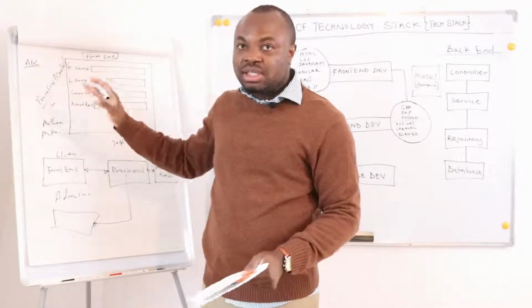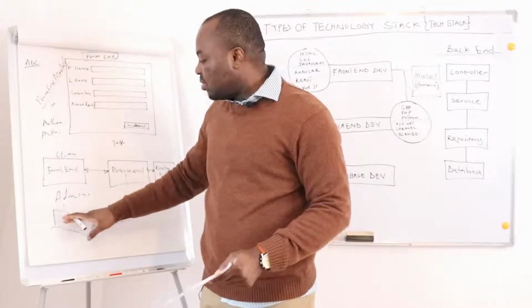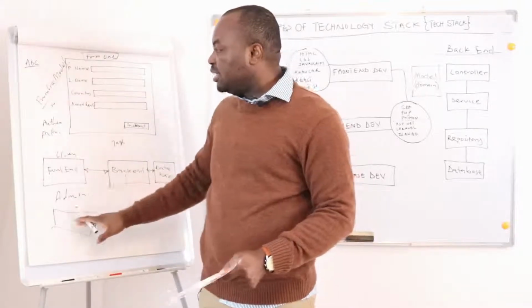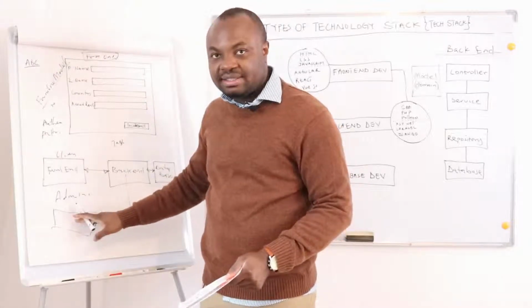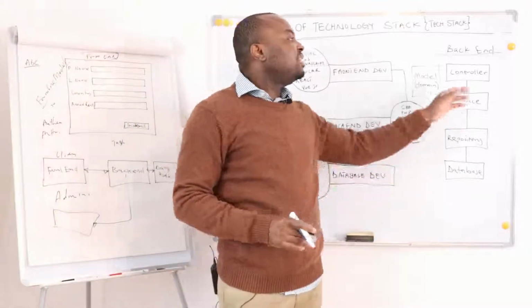If I want to see all the details of that file, I will instruct the back end, please get me the details of this form that has this ID of 20. So that information will arrive at the controller.